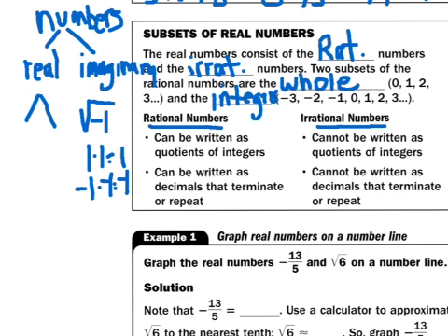Okay, well, what about irrational numbers? Irrational numbers cannot be written as quotients of integers. Remember, a quotient is a division problem. So if we can write a number that comes out to be the answer from a nice division problem, then it's a rational number. So if we're trying to test whether 3 is rational, I can put down 21 divided by 7, and that is 3.